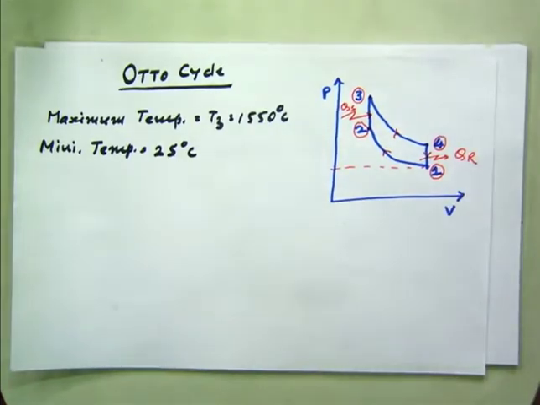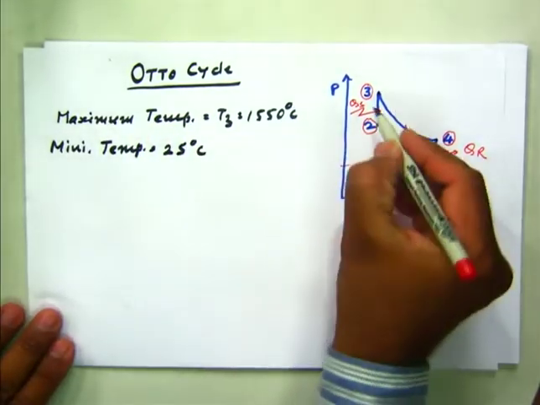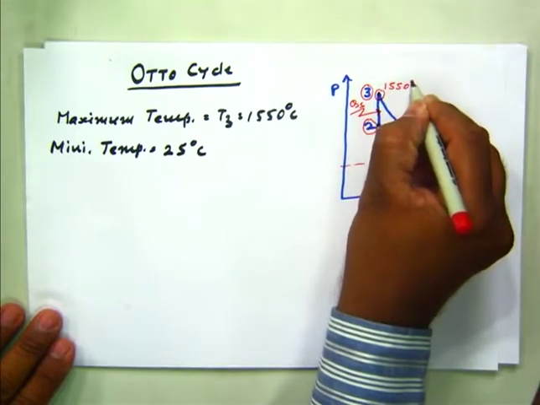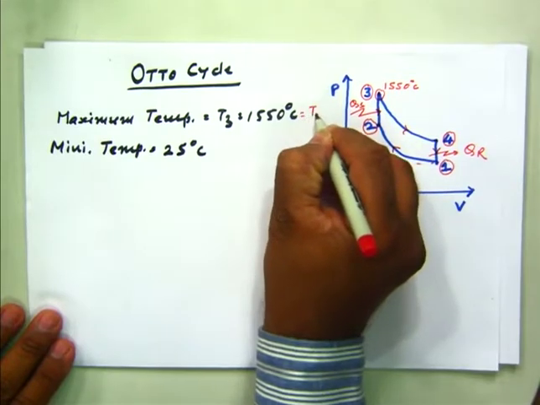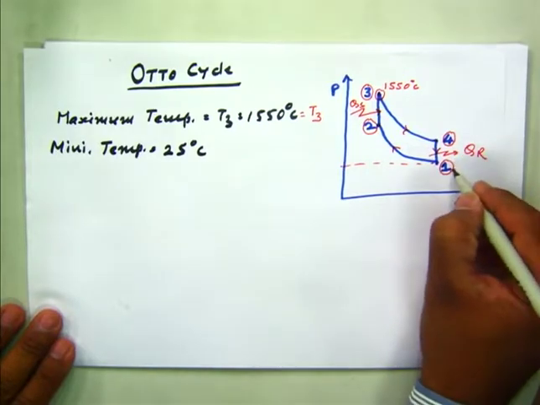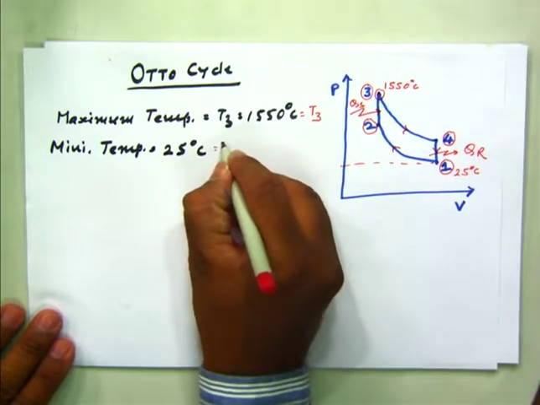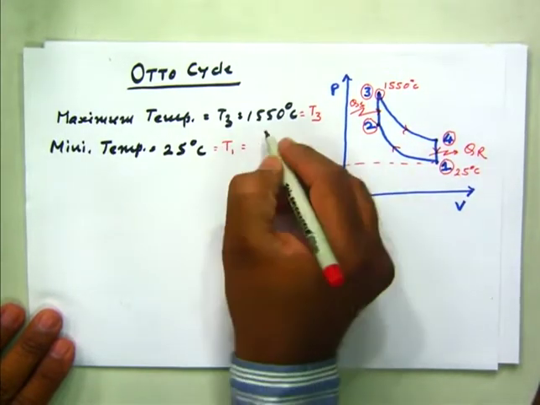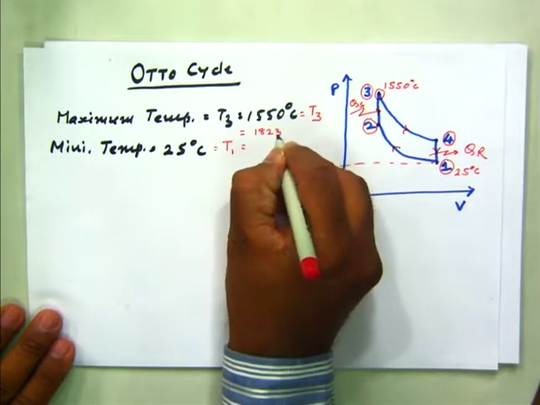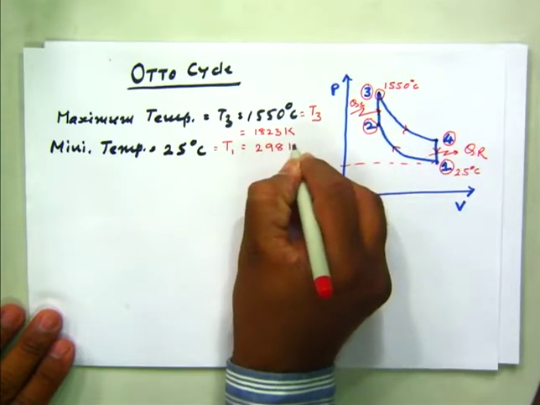Right. So if we refer to this figure, maximum temperature is here, 1550 degrees centigrade, that is T3. Minimum temperature is here, 25 degrees centigrade, so this is minimum temperature T1. Convert this into Kelvin: 1823 Kelvin, and this is 298 Kelvin.